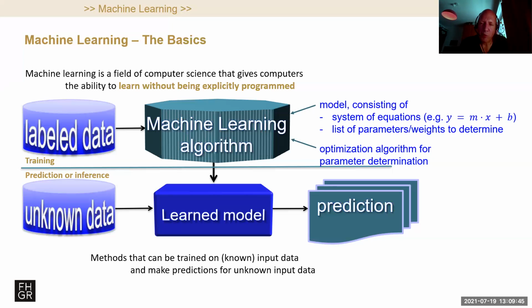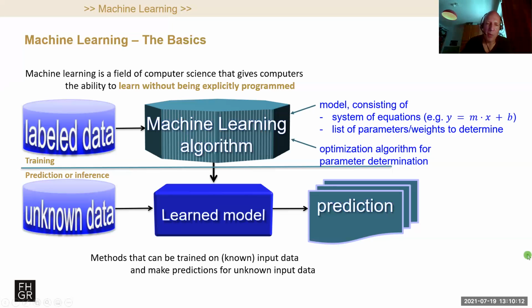We would have to have a framework which allows optimization, for determination of these parameters. And then once we have determined the parameters, we can put everything together, the system of equations together with the values that we have extracted from the learning, from the optimization, and have a learned model that we can throw unknown data into, and it will come up with a prediction.